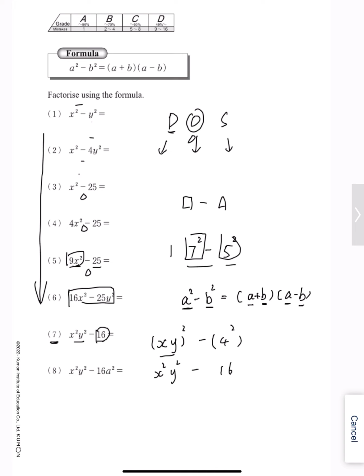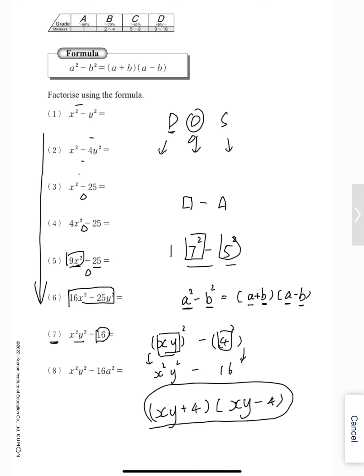So xy to the power of 2 is equal to x squared y squared, and 4 to the power of 2 is equal to 16. So this number plus that number, multiplied by this number minus that number. That's my factorization, and that's it.